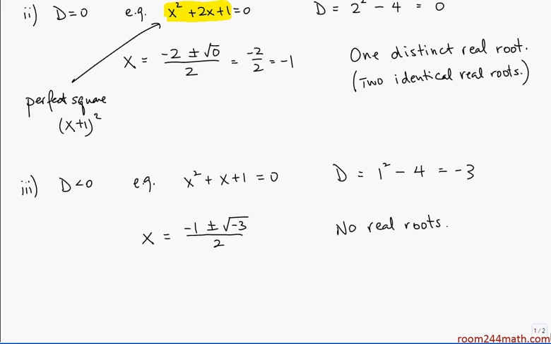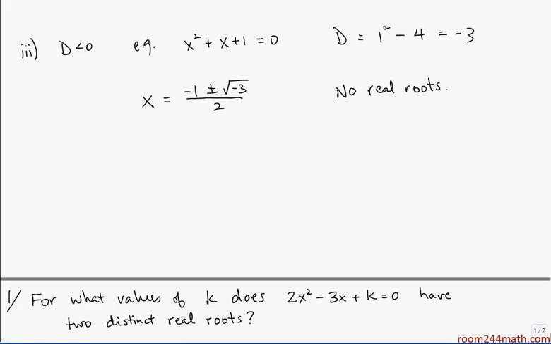All right. Now, there's one more subtle distinction if the discriminant is greater than or equal to 0. So if the discriminant is greater than or equal to 0, we have to consider two possibilities.